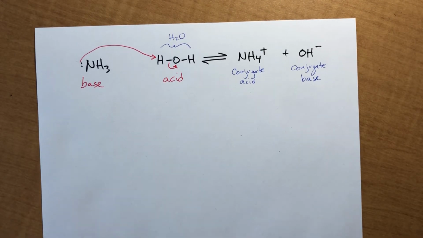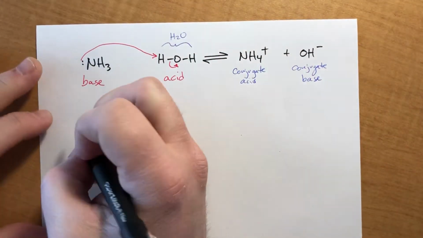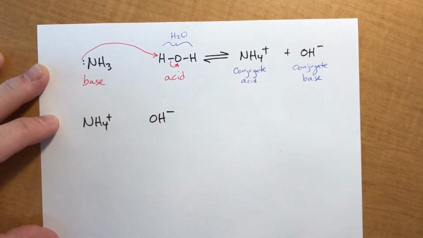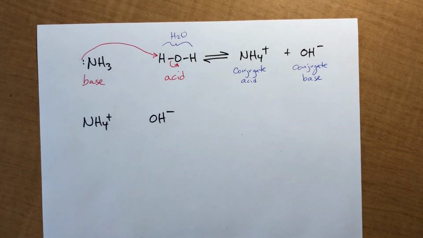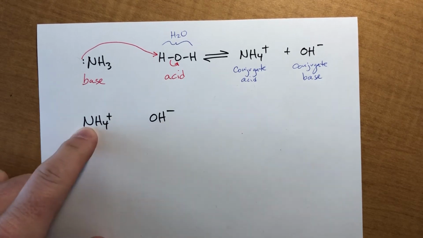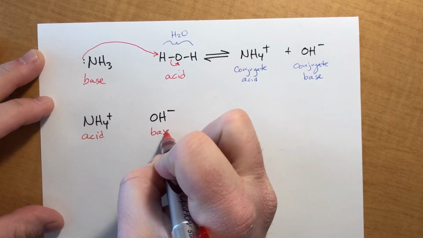The reason we can visualize it like that is if we turned around and we took these things and wrote them as our reactants, what's going to happen now is this is going to be happy to rip off a proton, and this is going to be happy to give up a proton, so this is now going to act as an acid, and this will act as a base.